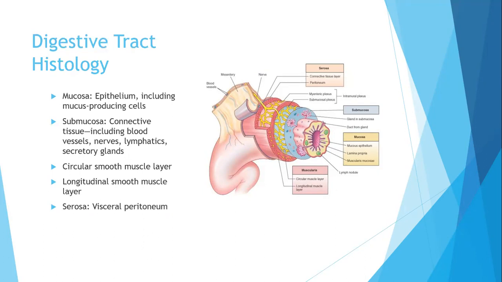The inner layer is the mucosa cells. Those are mucus producing cells, and they protect the tissue and facilitate passage of whatever we eat along the tube. The cells in the mucosa are epithelial cells, and they have a rapid turnover rate because there's wear and tear from food going through.